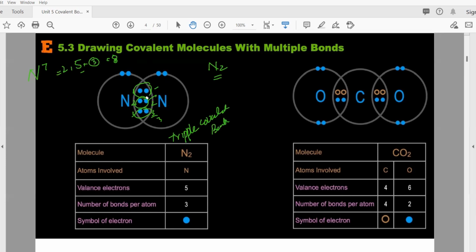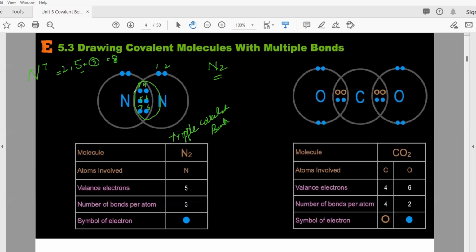So if you see it here, when you want to count, for example, for nitrogen, you will count one, two, three, four, five, six, seven, eight. For this nitrogen, complete. Now, if you want to count for this other nitrogen, again you will count in the same way: one, two, three, four, five, six, seven, eight.